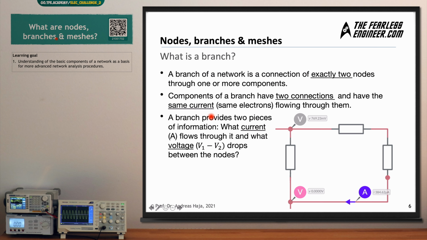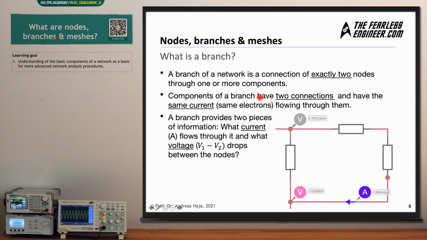Let's talk about branches. A branch of a network is a connection of exactly 2 nodes through 1 or more components. So we have a node here at top, we have a node here at the bottom, and in between we have, let's say, 2 components here on the right and 1 component here on the left. This is what's called a branch, a path from one node to the other node with only a single conductor in between.